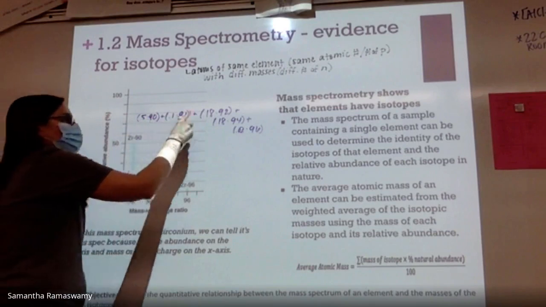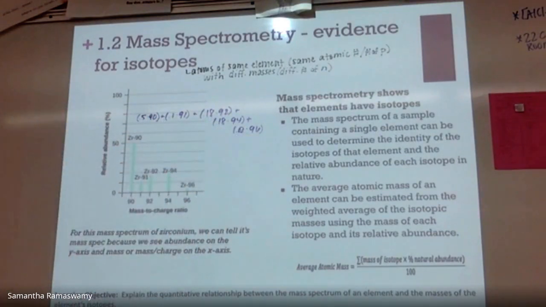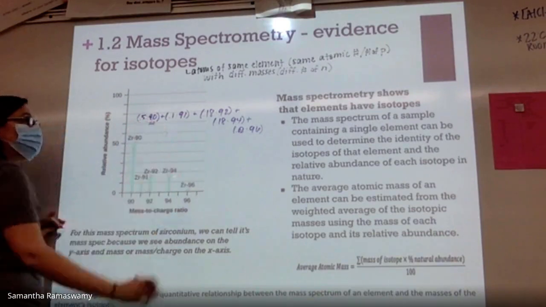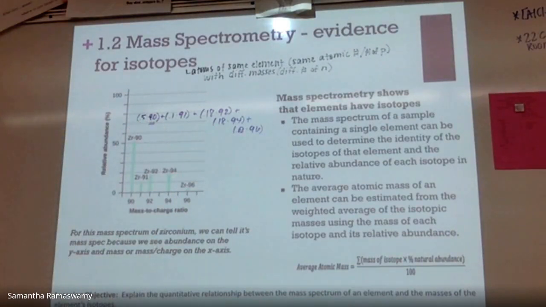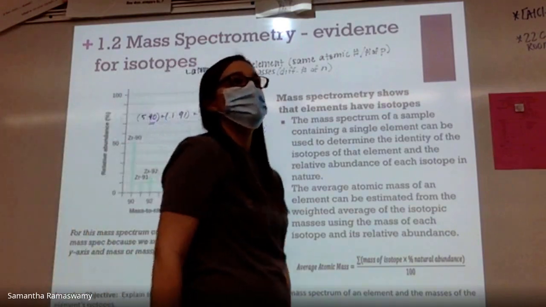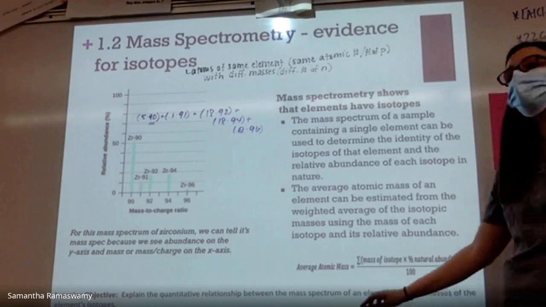When you take this weighted average, if I multiplied all of these and added these together, it would give me some number between 90 and 96. More than likely, it's going to be closer to 90, probably between 90 and 94, because that's where most of the abundance is. That lets us calculate the average atomic mass. Now, the actual average atomic mass of zirconium is 91.22.